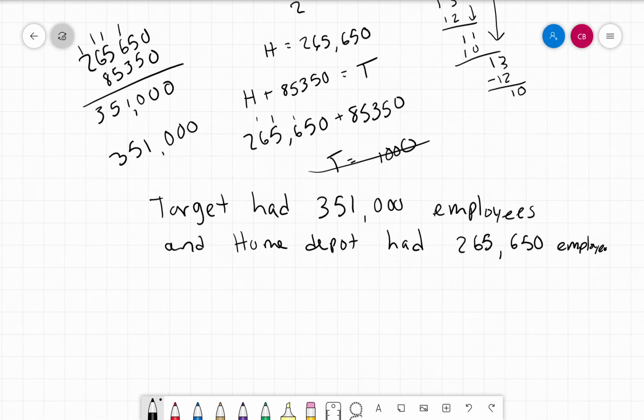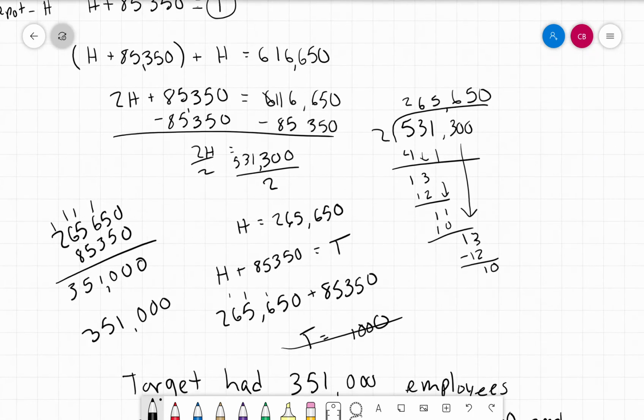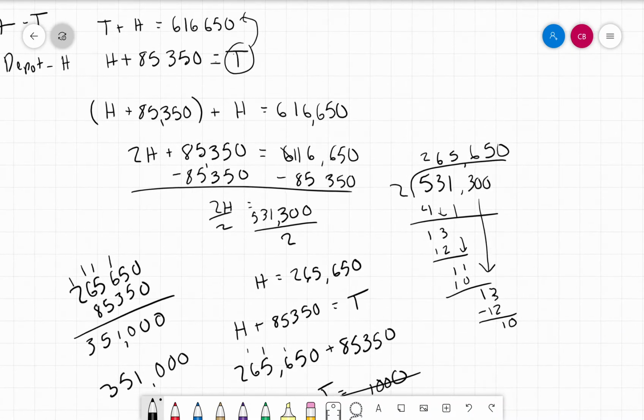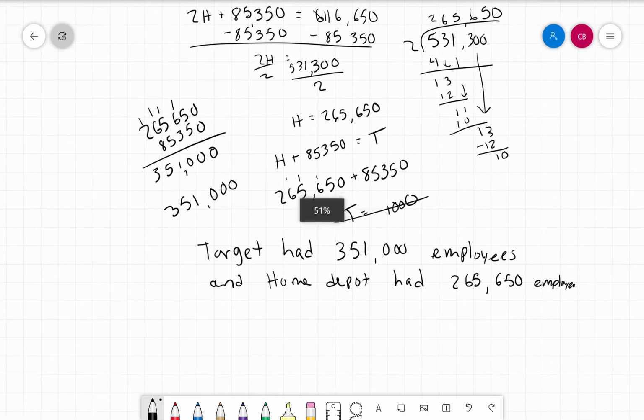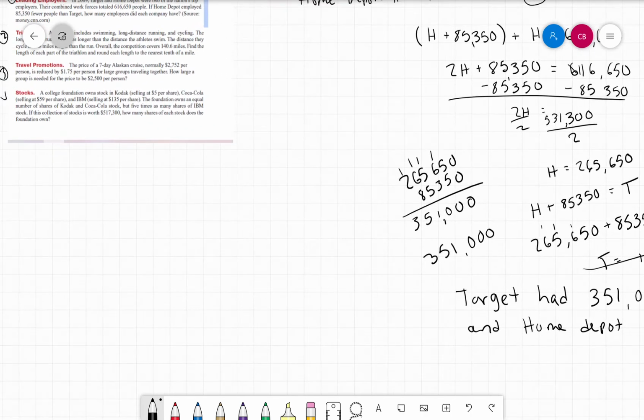And so we've stated it. Obviously, if you wanted to check it, just add those two together, and it should equal the total from the original, 616,650, which I'm sure it does. I'm hoping it does, because if it doesn't, I'm going to be embarrassed. But I'm not going to check it.